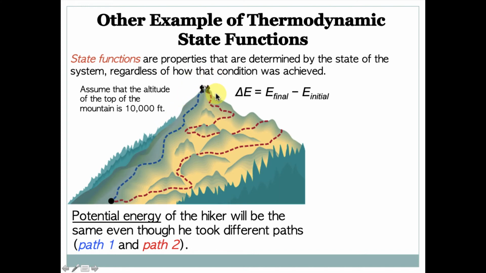You only need to know 2 numbers. For example, I need to know the number here and the number here. And then I will subtract one number from the other, and I will just get the change in the altitude of the hiker.